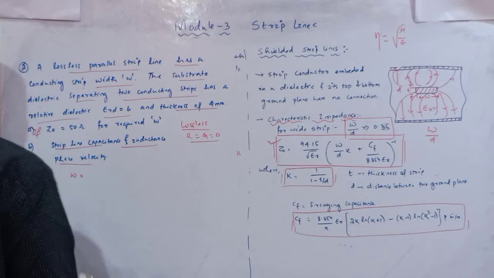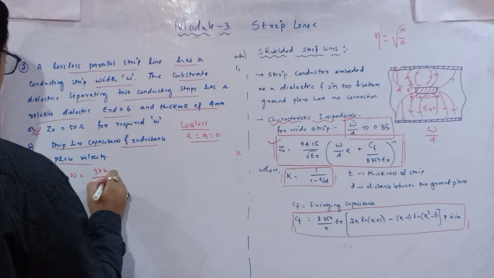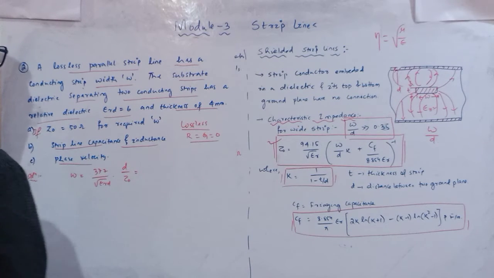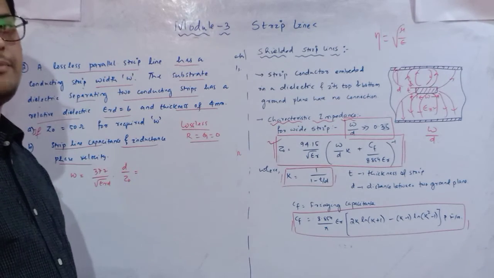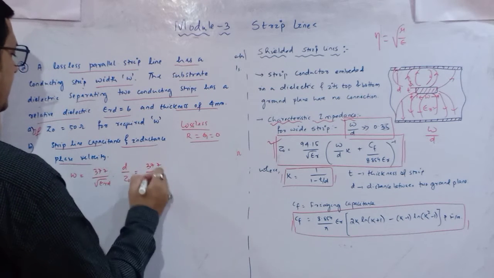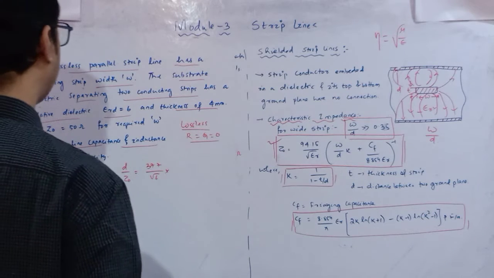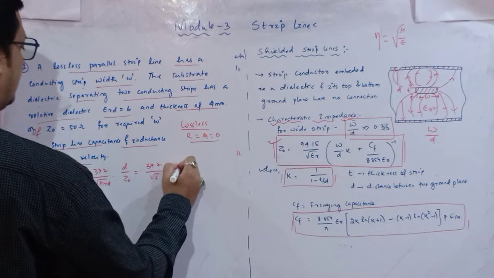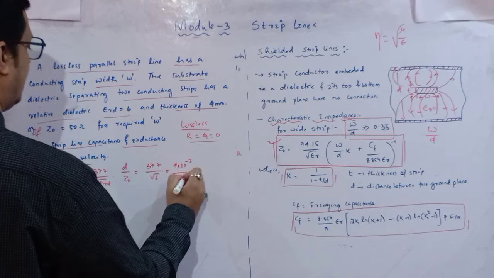The width relation is W by D equals 377 divided by root epsilon RD into Z0. This is the relation we already discussed while discussing the parallel line. So here, 377, epsilon RD is 6, D is 4 millimeter, that is 4 into 10 to the power minus 3, and Z0 is 50.